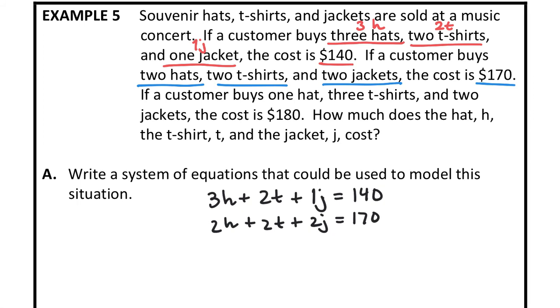And then the last equation is 1 hat, 3 shirts, 2 jackets is 180. 1 hat plus 3 t-shirts plus 2 jackets is 180.